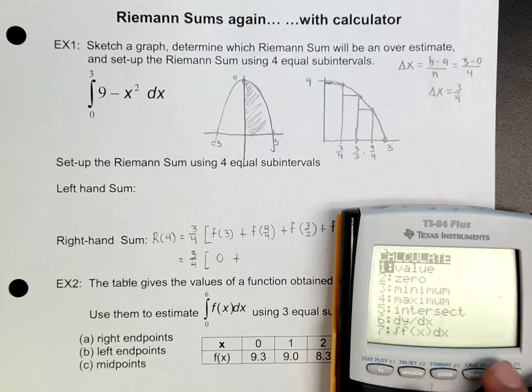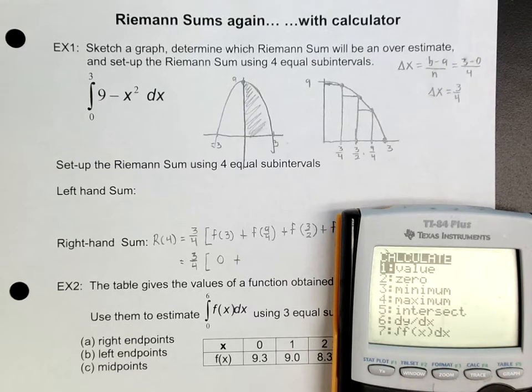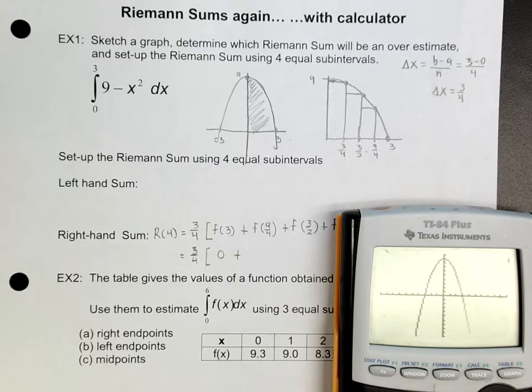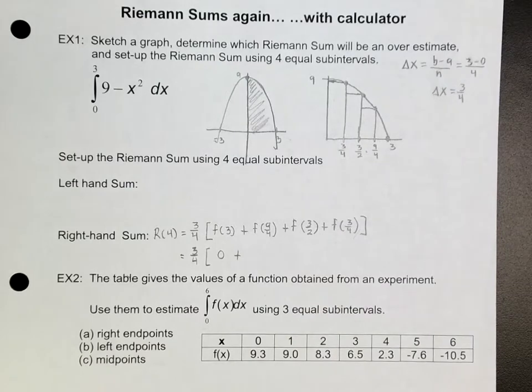Then when you go to second value, which is the first one right there, you can just put those values in there. If I want to figure out 9 over 4, this would be a lot faster than doing one at a time. The y value is going to be your answer. For the next one, 3/2, I just type in 3 over 2, and there's my second value, and so on. That's how you do it fast.